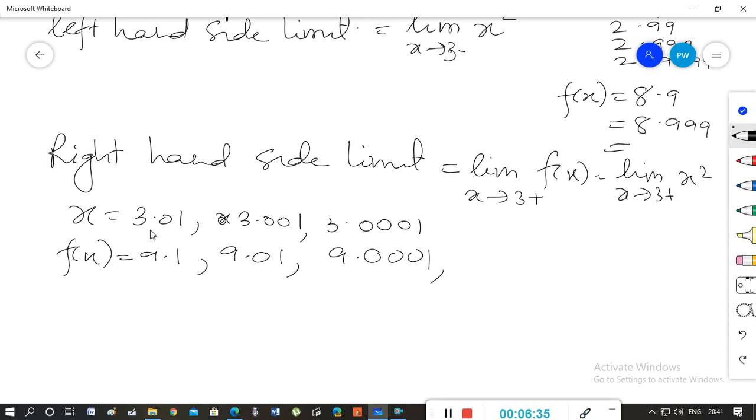So basically what you must know is that as x goes near to 3 from the right hand side, means more than 3, then f of x will again go near to 9. It will be close to 9, I mean to say it will have a little bit more values than 9, as we have seen.